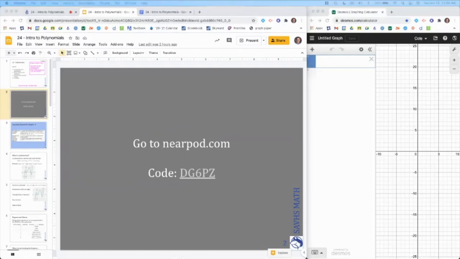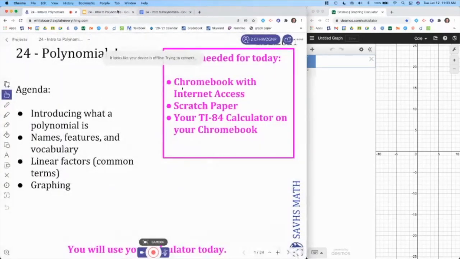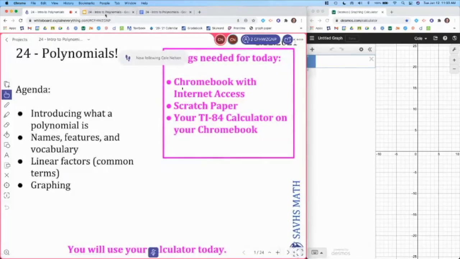So today, I just wanted to let you know that today is lesson number 24. On lesson 24, there are 30 lessons total this quarter. And so that means that we're really close to being done. The calendar looks like this right now.